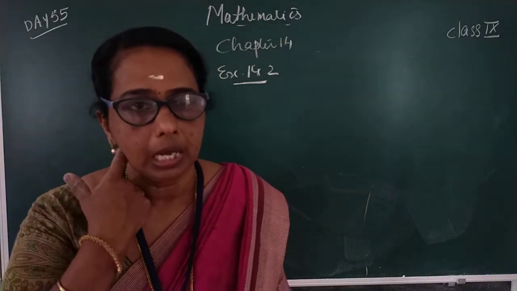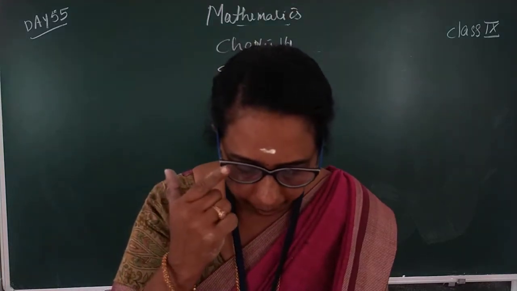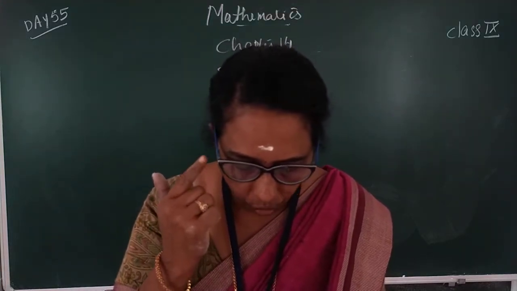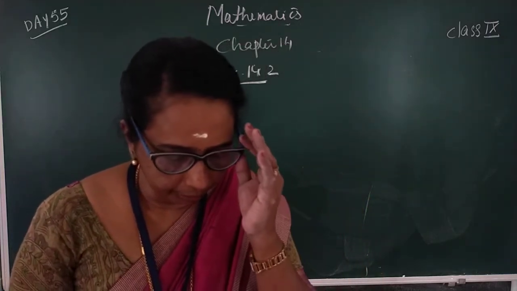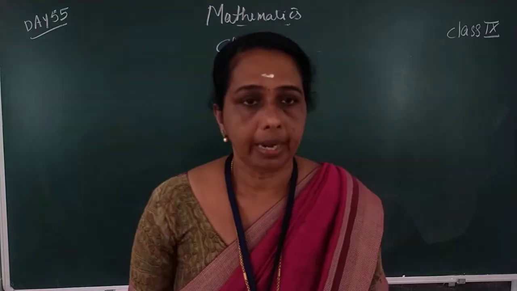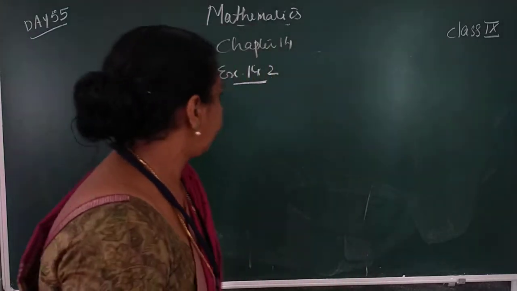We already studied two types of frequency distribution table. Which is the most common and which is the rarest blood group among these students? So we want to prepare the frequency distribution table. Blood group is given, then tally mark and frequency.